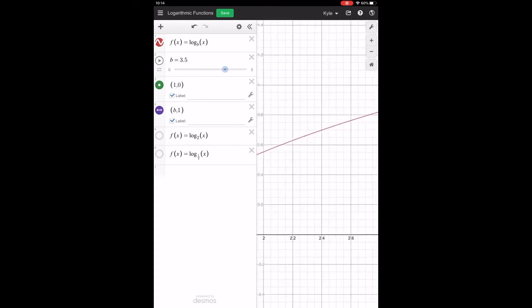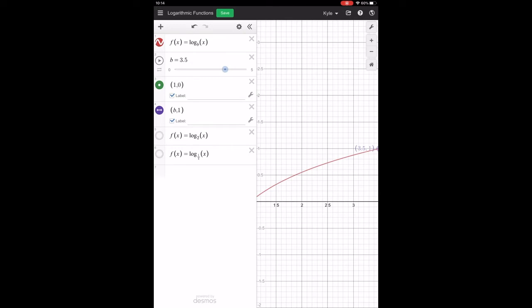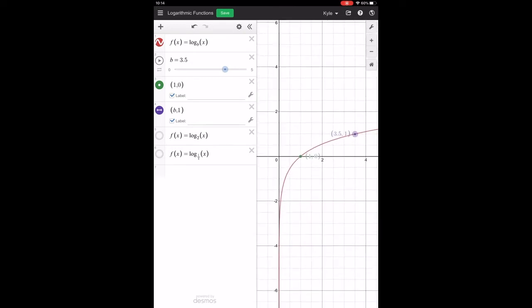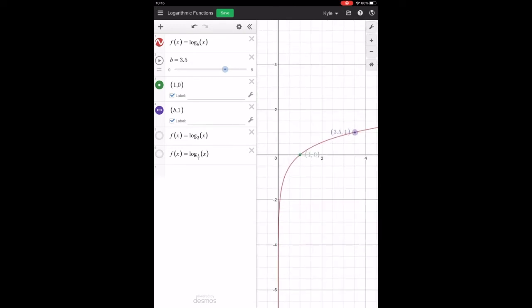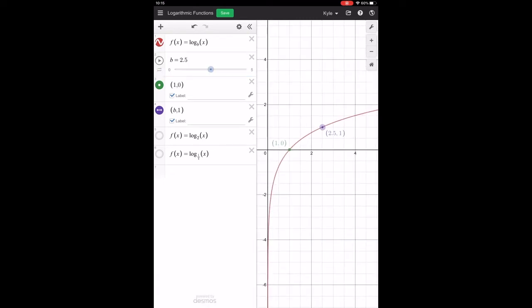That would be right up here. So let's take a look at that, and let's see what would happen. I'm going to change b to be 2.5. And what do you know? It does in fact work. When x is 2.5, the output was a 1.